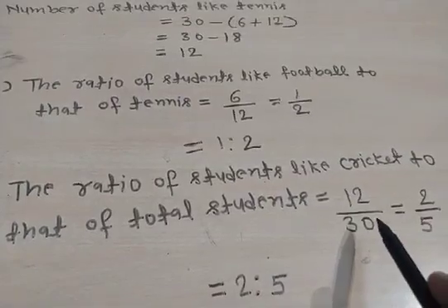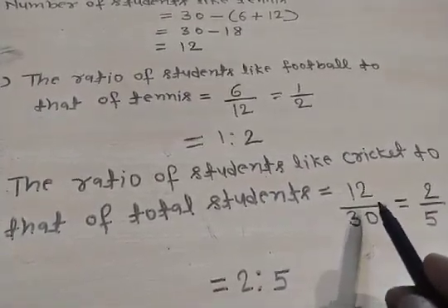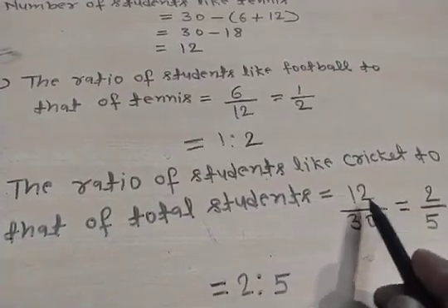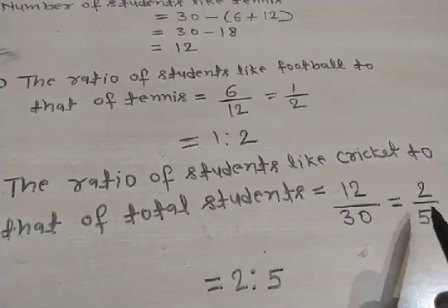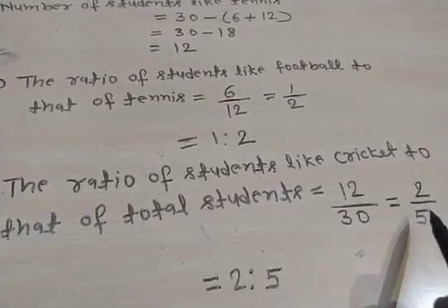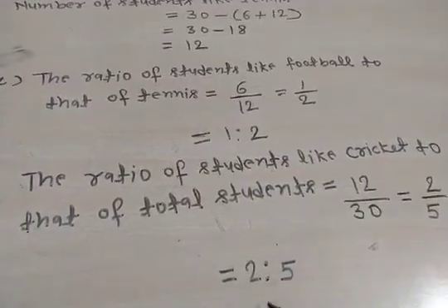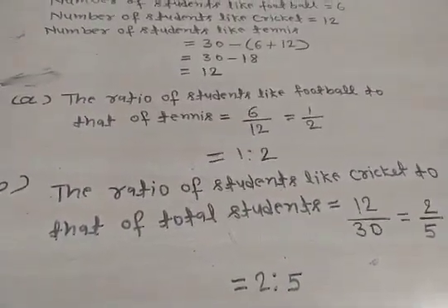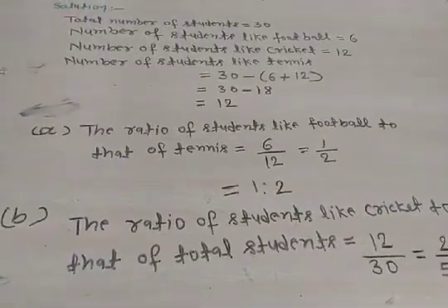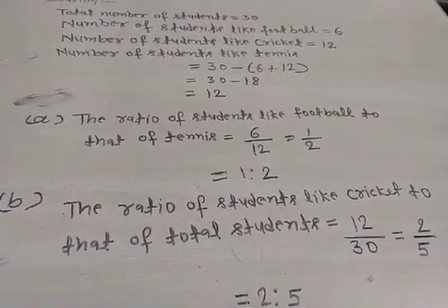It means we divide both numerator and denominator by 6. So 6 twos are 12 and 6 fives are 30. So we have simplified and obtained 2/5, and we write it as ratio 2:5. Okay. So I hope all of you understood this question. This is our whole solution.